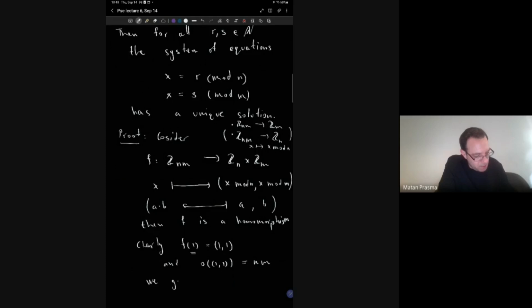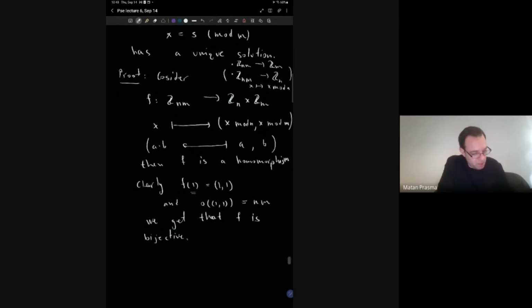We get that f is bijective. Hence, it's an isomorphism, Znm to Zn times Zm. Now, the first part of the proof is telling you something we talked about.